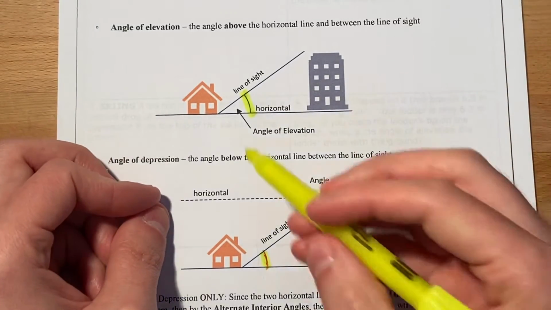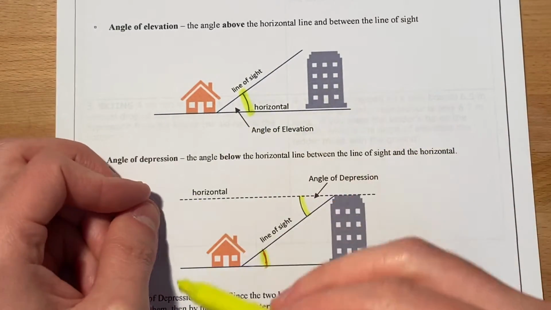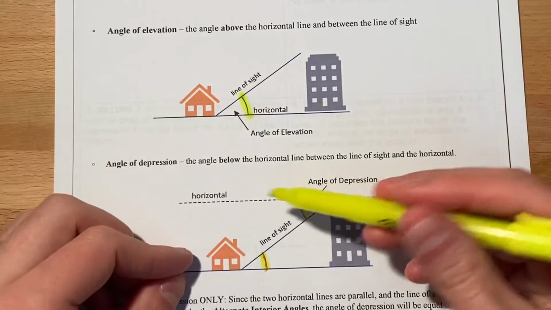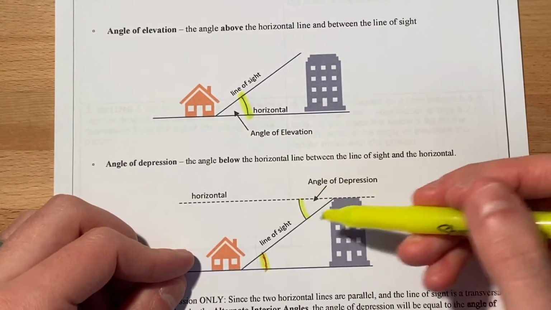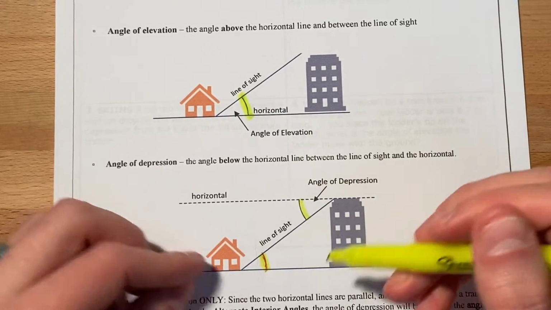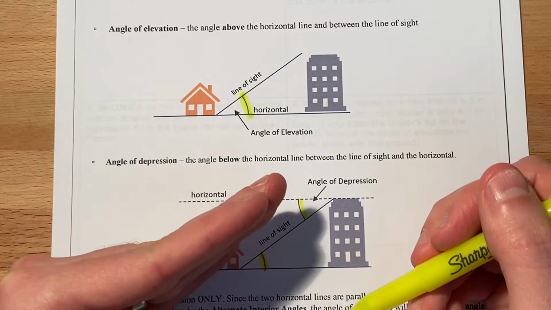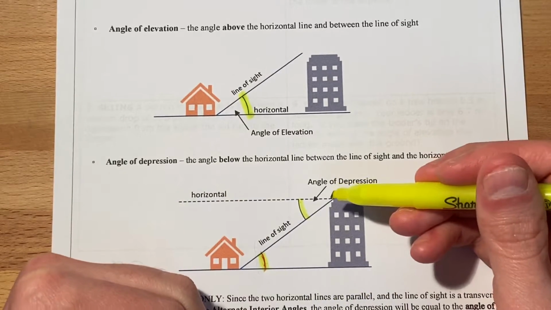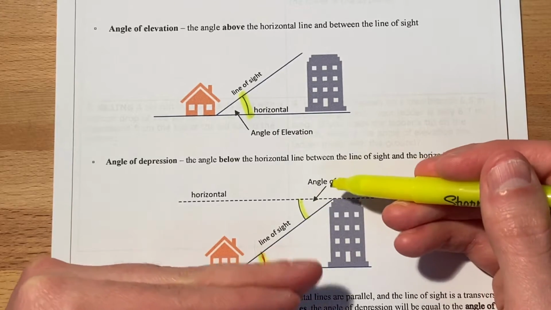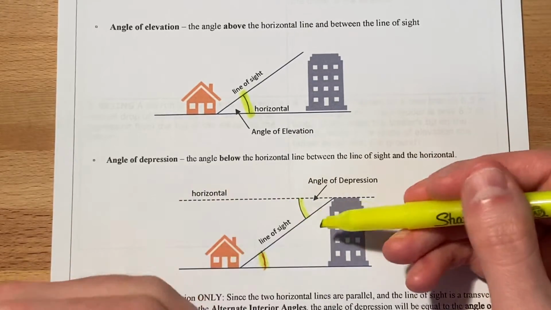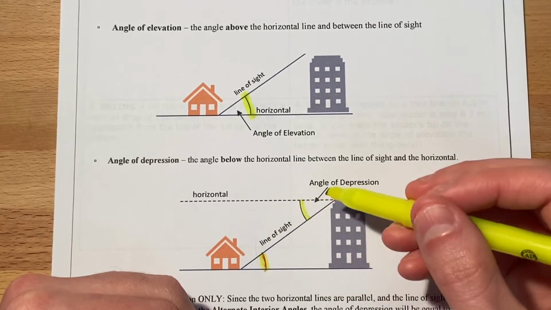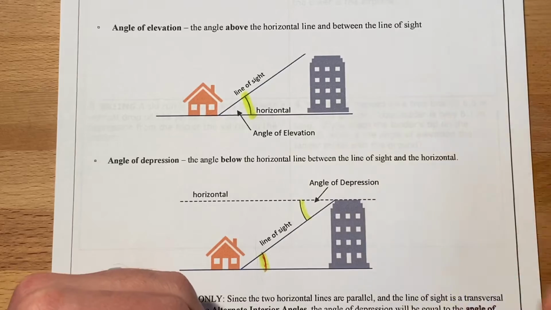The reason is that this ground and this horizontal line are parallel to each other, so these would be alternate interior angles. So these angles are the same. If you looked up at someone and they looked down at you, that's the same angle. You looking up is the angle of elevation, and them looking down is the angle of depression.